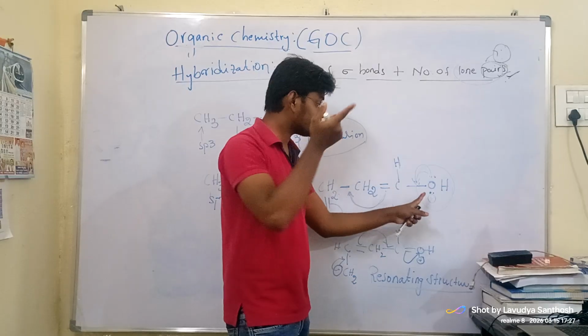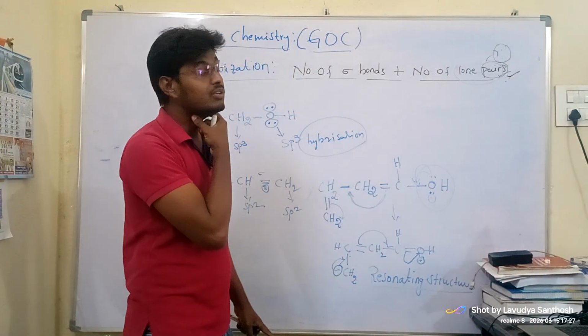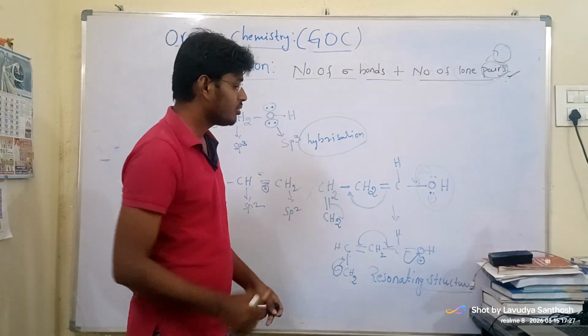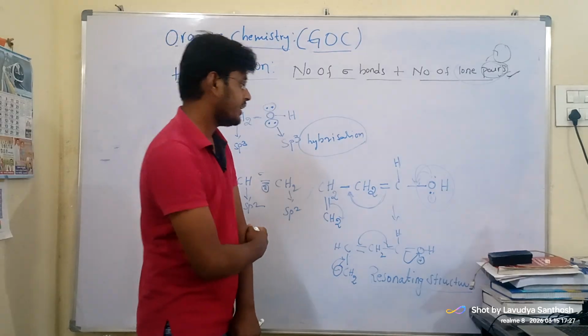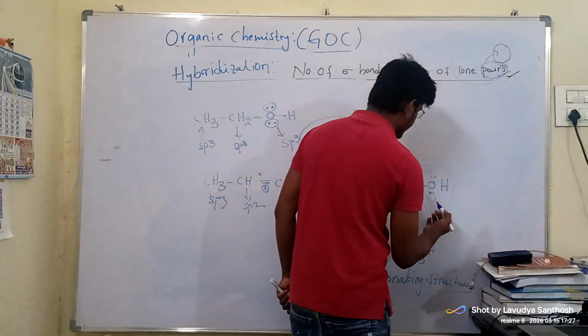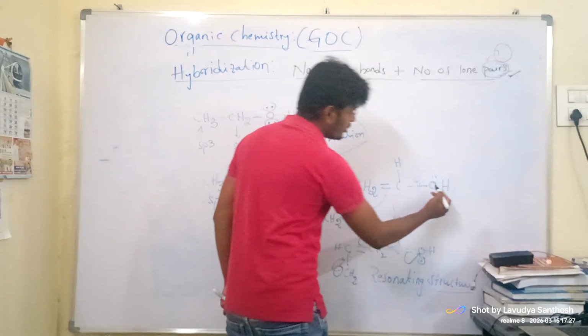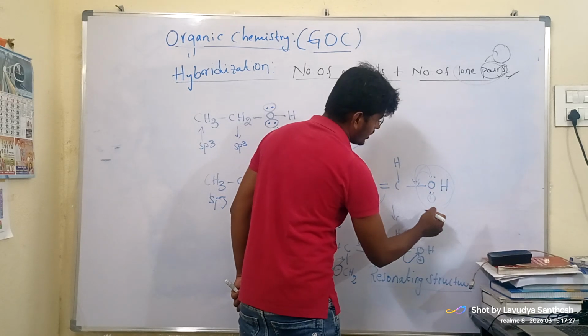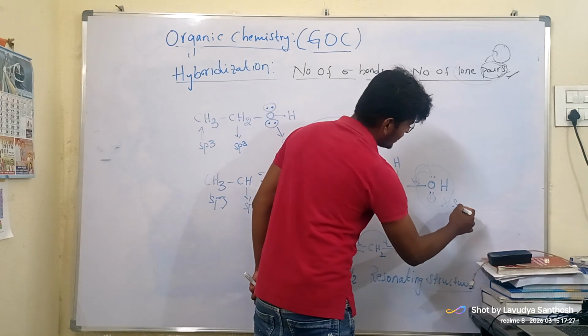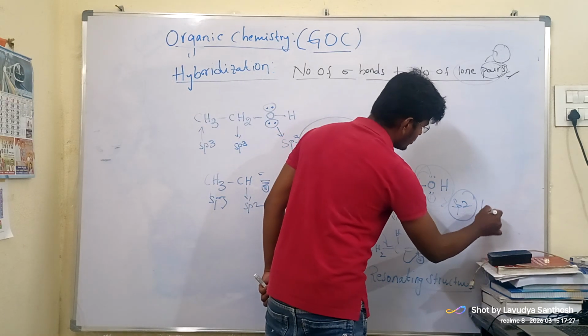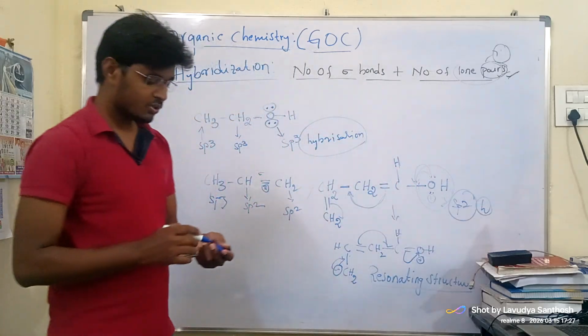Which pair is participating in resonance, that you are ignoring, and the rest you are calculating. So can you tell me now? 1, 2, 3. 3 is nothing but sp2 hybridization. This is sp2 hybridization. This is sp2 hybridization.